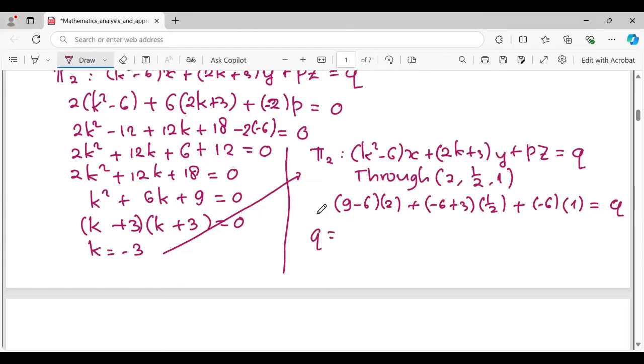If you calculate it, q equals 6 minus 3 half minus 6 plus 3 half. This is q.